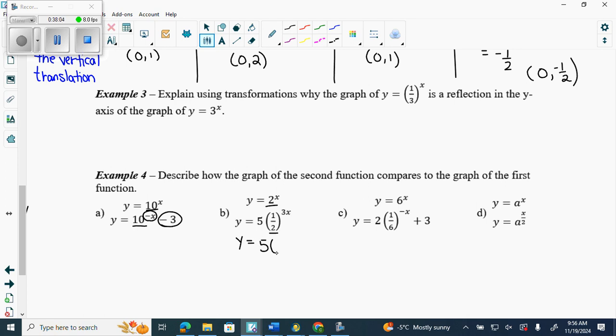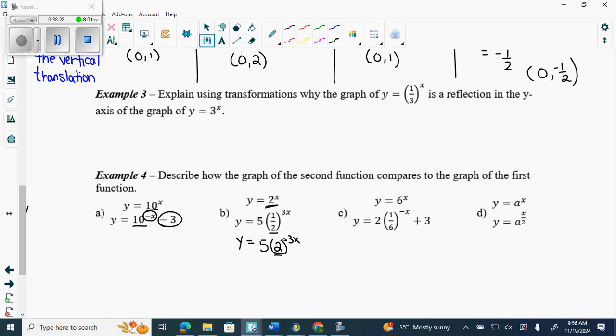Make it 2 to the negative 1, which would multiply by 3x, so we get negative 3x. Now can I compare them? Yes. So I have a vertical stretch by a factor of 5 about the x-axis, a horizontal stretch by a factor of 1/3 about the y-axis, and then this silly thing gave me a reflection in the y-axis.